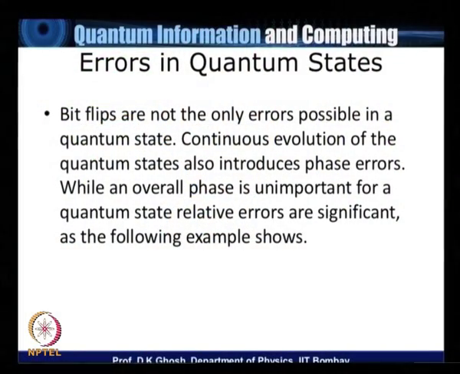While having an overall phase between different components of a qubit is unimportant, because we have seen overall phase does not make any significant difference to whatever we are doing, having a relative phase between the components in terms of basis states is important.